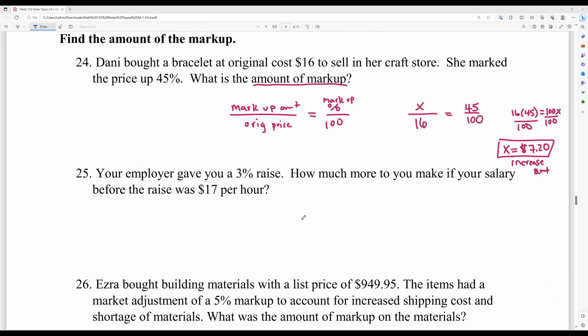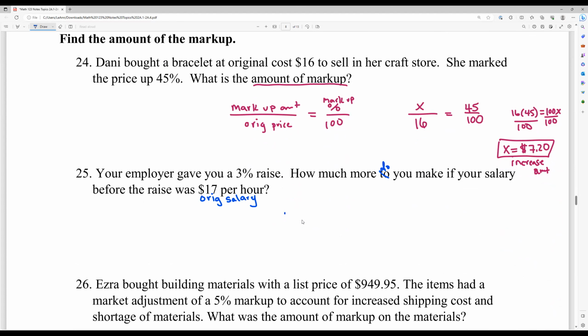It says your employer gave you a 3% raise, so that's going to be the markup percentage. How much more do you make if your salary before the raise was $17 per hour? So this is our original salary.